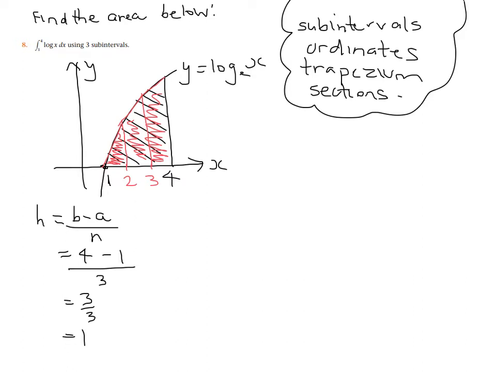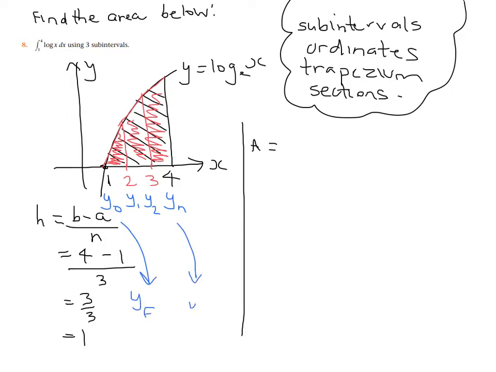But the formula, should we do it over here? Area equals, now in blue, I'm just going to name them. That's the first, that's the last. I'd really rather say yf, y first, and y last. We're going to start doing that, even though you may not see it in the book.